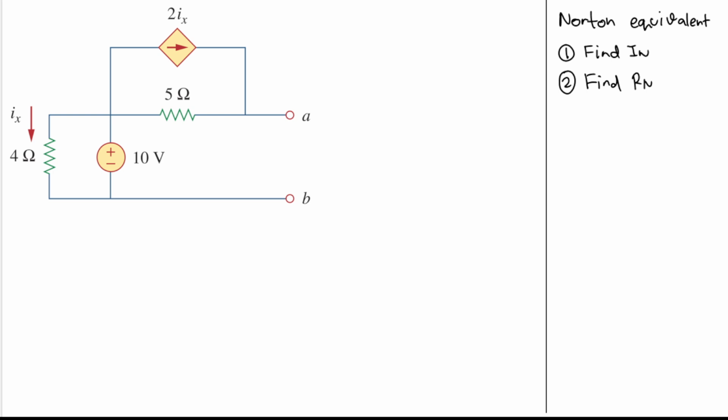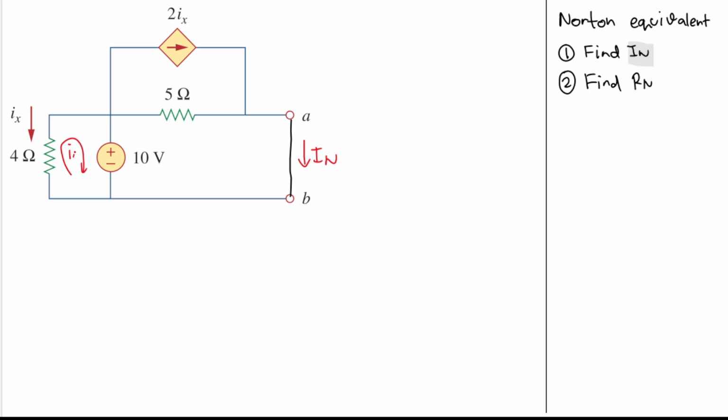But for IN, it is quite straightforward, right? Because IN is the short circuit current at AB. So IN is this current here. I think I will use mesh analysis to solve this problem. Let's assume the direction of the loops.